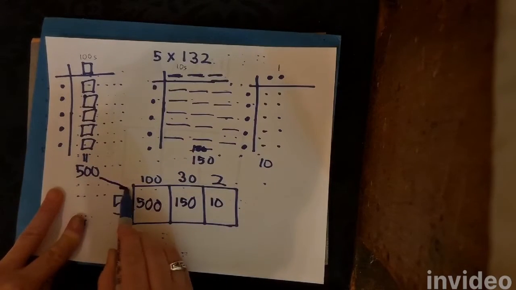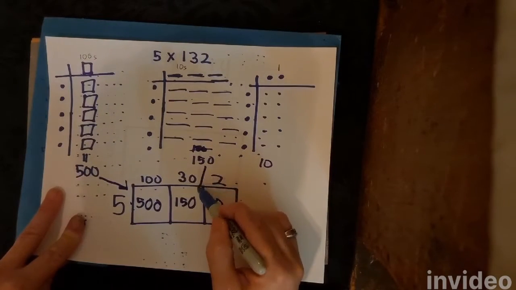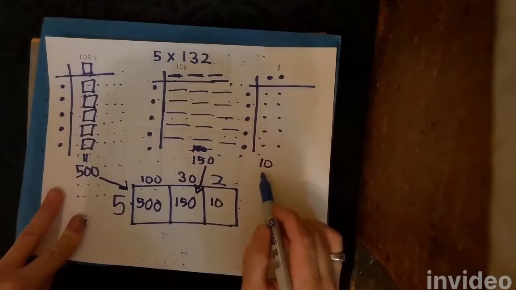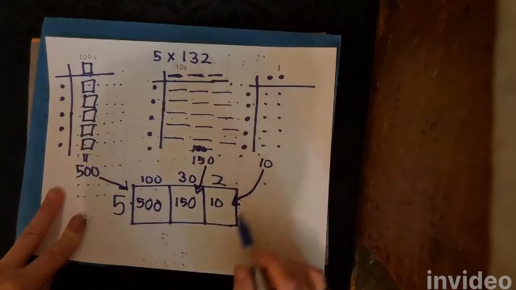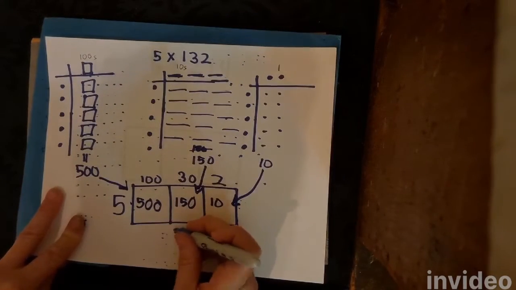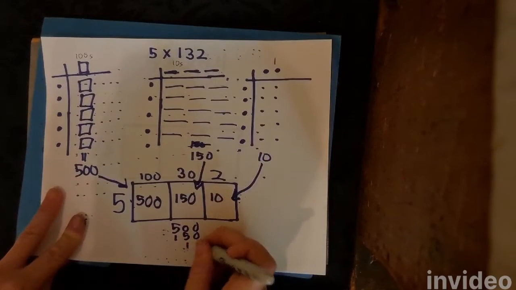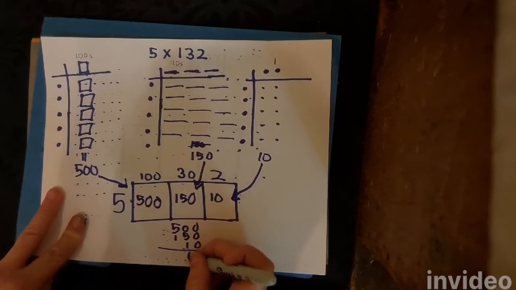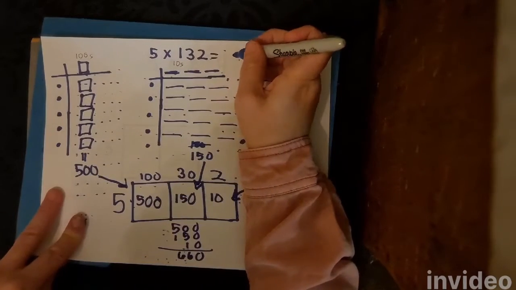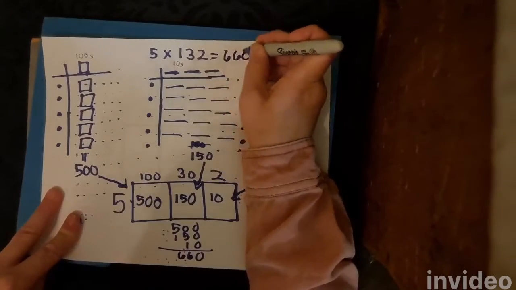Just like we saw here, it's 500, that 5 30s is 150, and that 5 2s is 10. So now we're going to add them all up. We got 500 plus 150 plus 10, and the answer would be 660. So 5 groups of 132 equals 660.